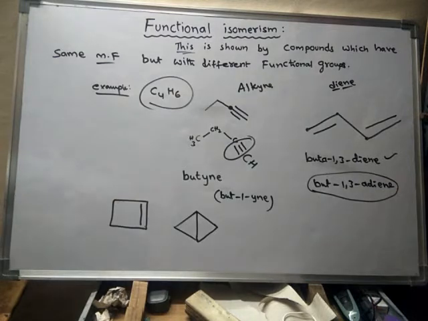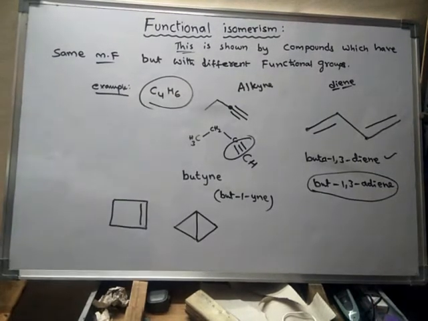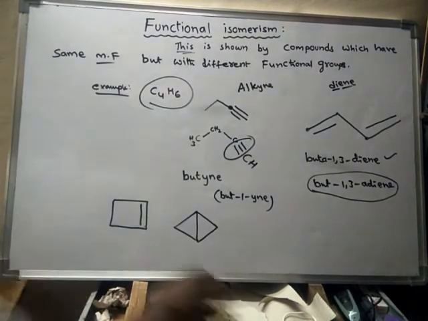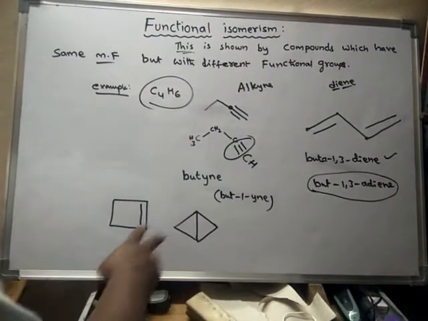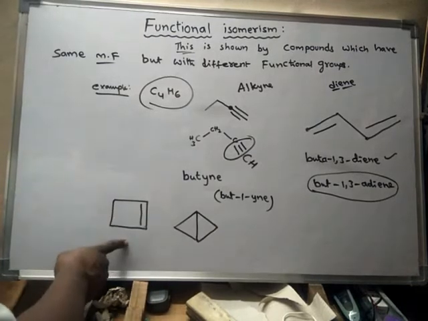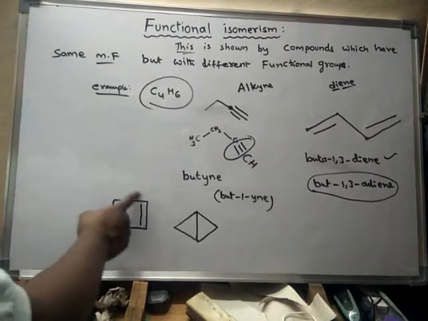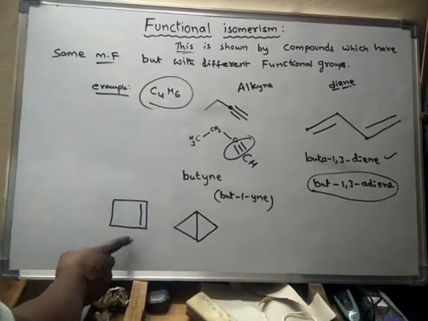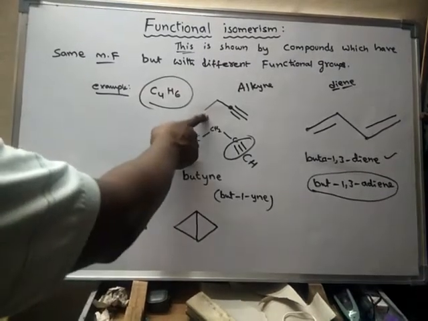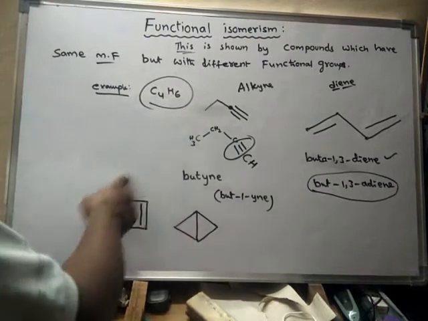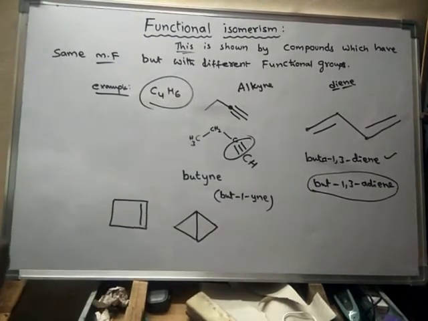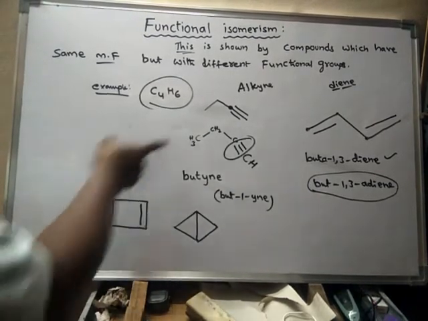Let us learn some more examples for clear understanding. When a cyclic compound is isomeric with an open chain compound, then they are also called ring chain isomers.